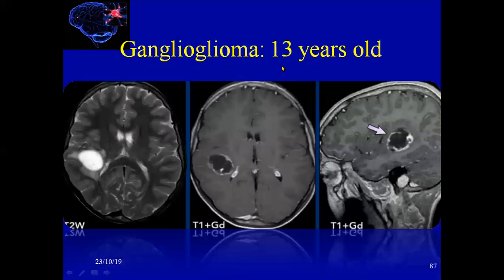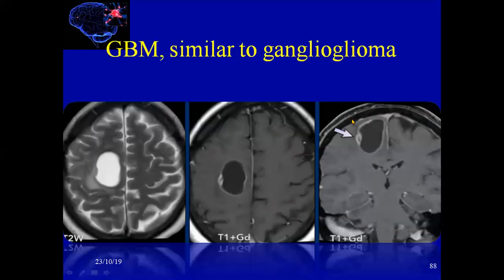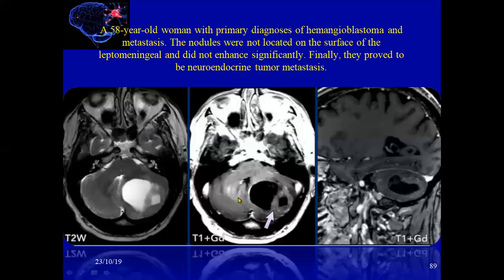Ganglioglioma is in a 13-year-old patient. GBM is sometimes similar to ganglioglioma, so it is sometimes difficult to distinguish GBM from ganglioglioma. Here is a 50-year-old woman with a primary diagnosis of hemangioblastoma and metastasis. The nodule was not located on the leptomeningeal surface and did not enhance significantly. Finally, it proved to be a metastasis.